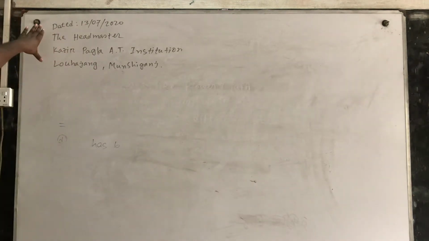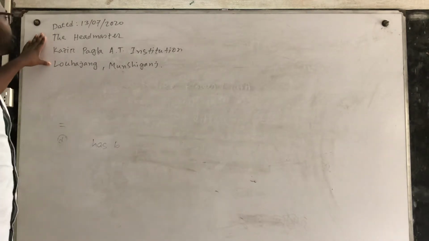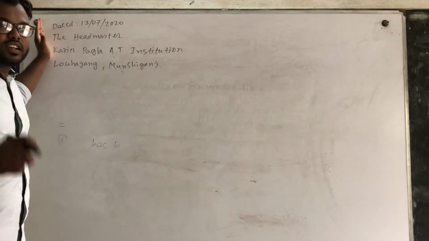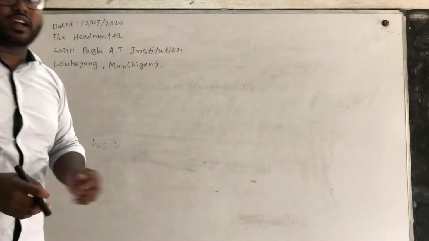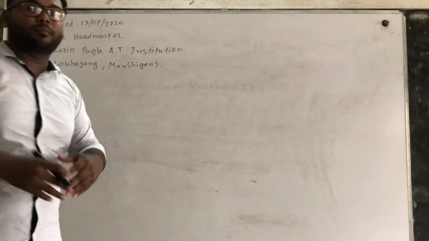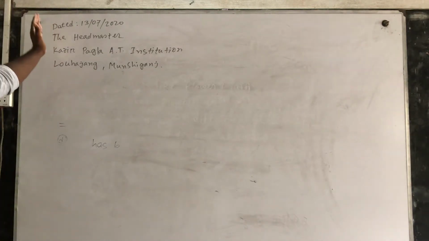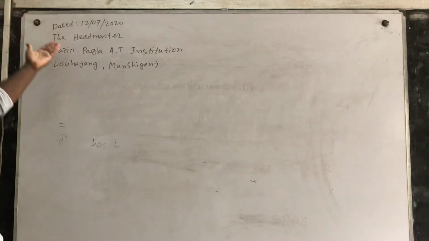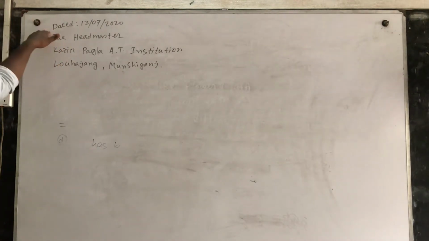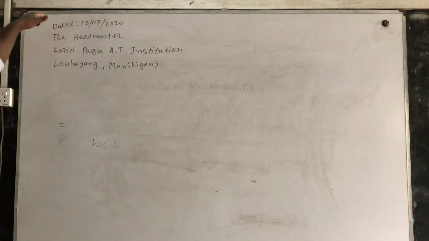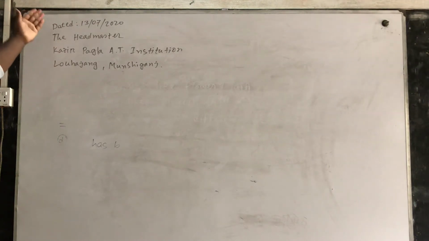This is the first and foremost part of an application, the heading. You should keep in mind that from class 6 to class 10, higher secondary level, even graduation, post-graduation level, or in practical life, you will have to write this type of heading: the date and the headmaster, maybe the manager, the principal, the secretary, the chairman, or the district commissioner.